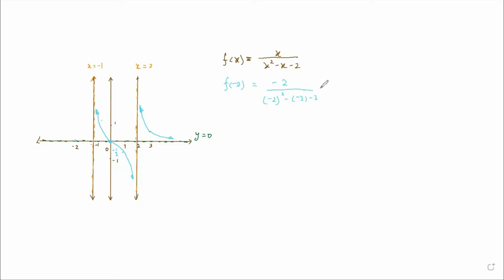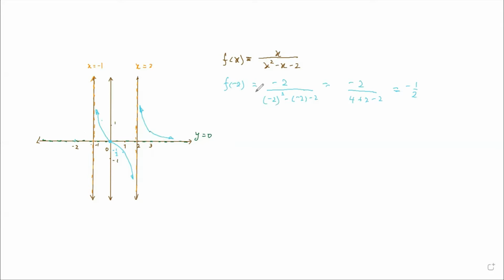So what we have here is negative 2 over 4, right? And plus 2 minus 2. So this cancels, and it becomes 1 over 2. So we have negative 0.5, or negative 1 over 2.